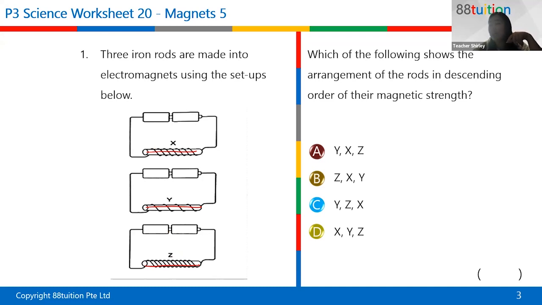Why is there electricity? Because there are batteries over there. That means the electric current can flow through the circuit, allowing the rods to be magnetized into temporary magnets.